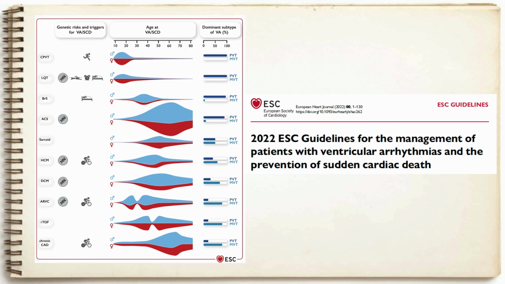And certainly we have to take this into account when dealing with personalized risk stratification. You will also see on this diagram that the volume of cases is very different. Most common are acute coronary syndromes, followed by chronic coronary artery disease.